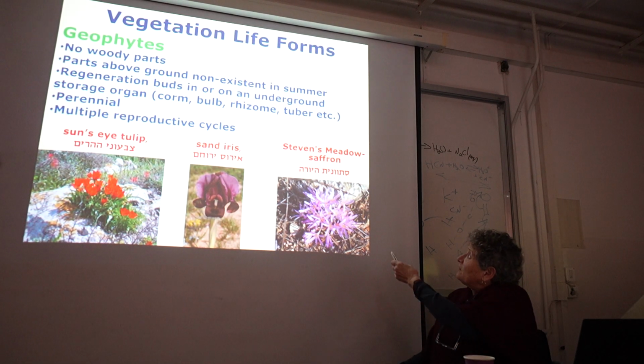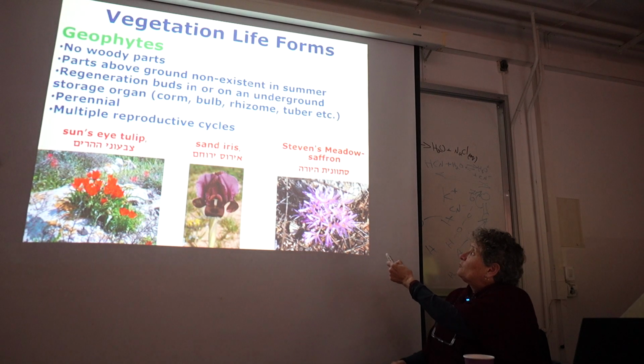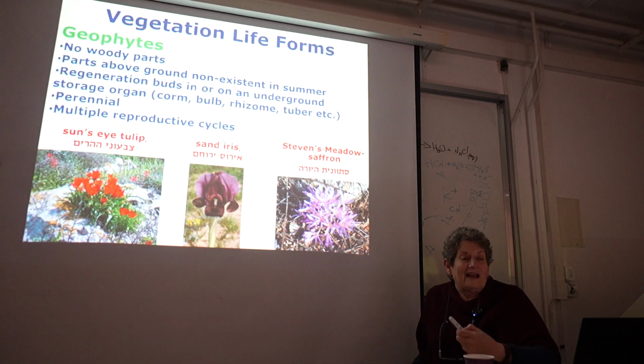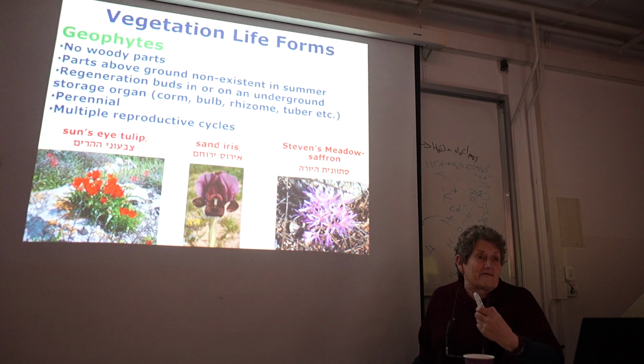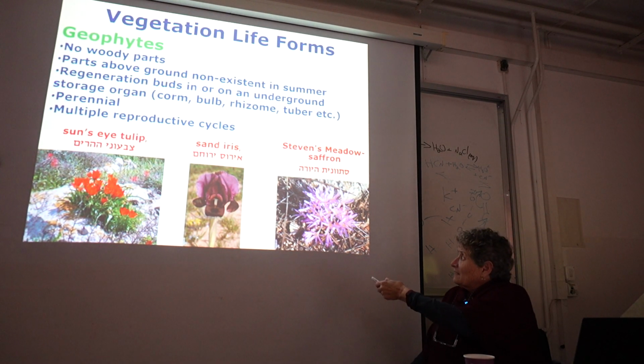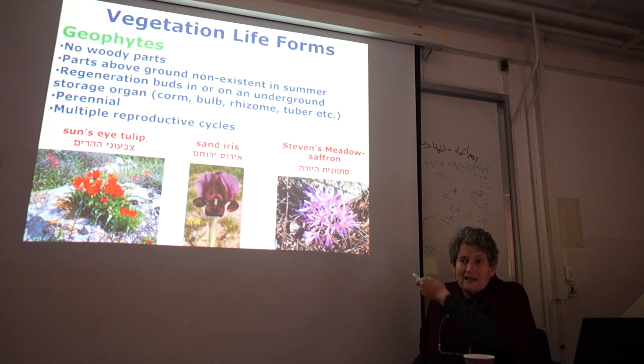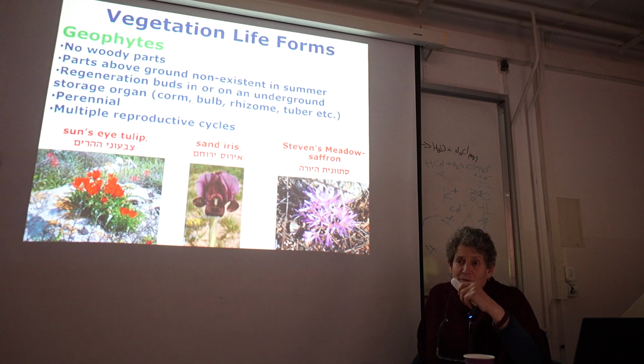For example, the meadow saffron is called in Hebrew sitvanit, and it comes from the word stav, which is autumn. It's the first flower that we see of the geophytes, flowering when winter begins.